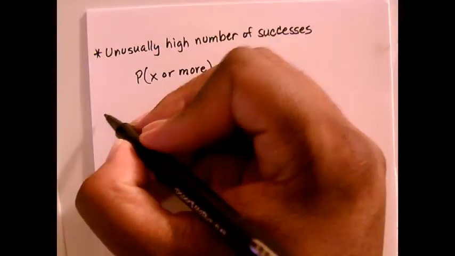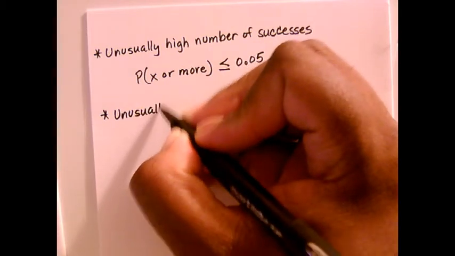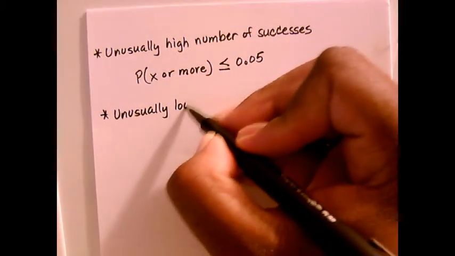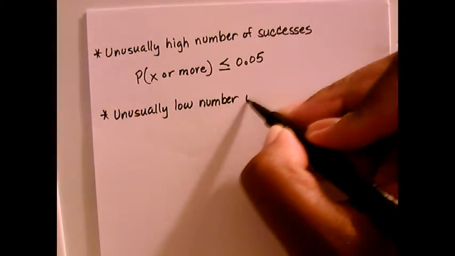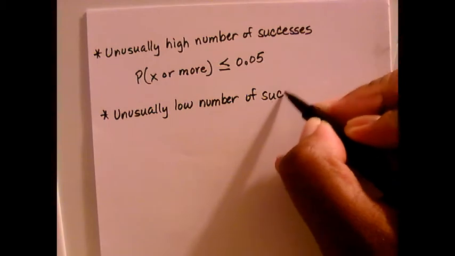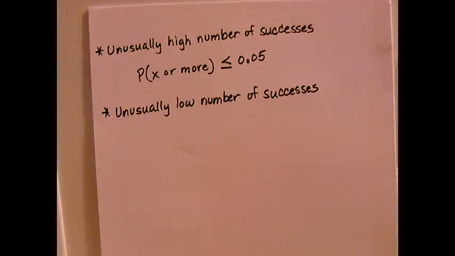Okay. And then the other one is the unusually low number of successes. X successes among N trials is an unusually low number of successes if the probability of X or fewer successes is unlikely, with a probability of 0.05 or less.